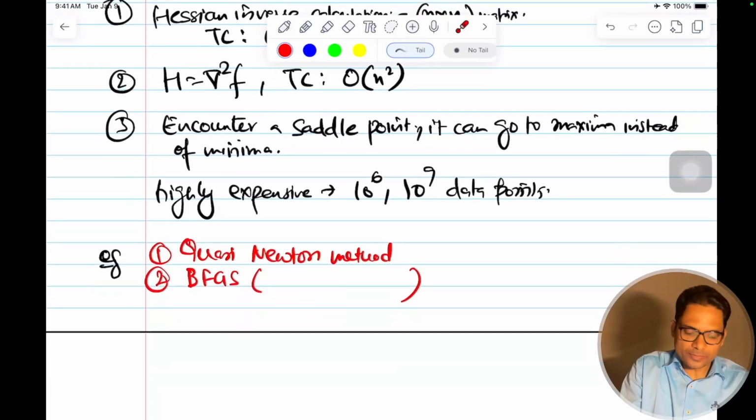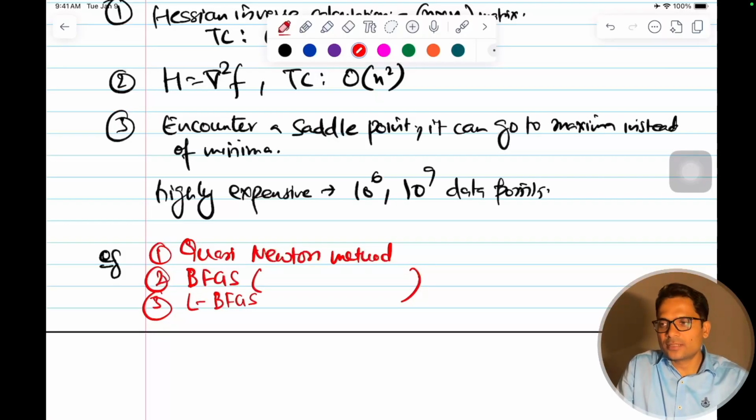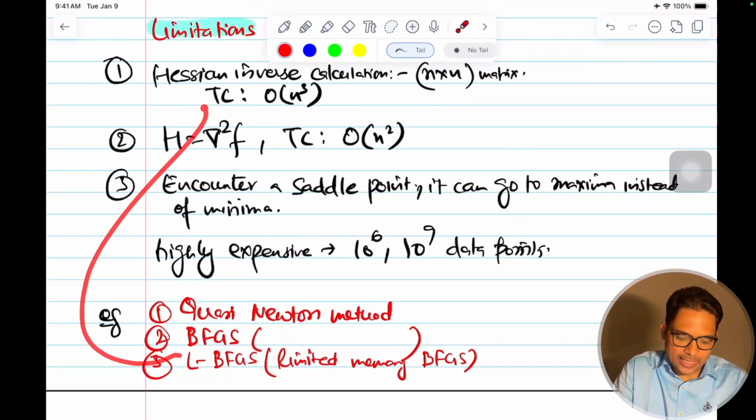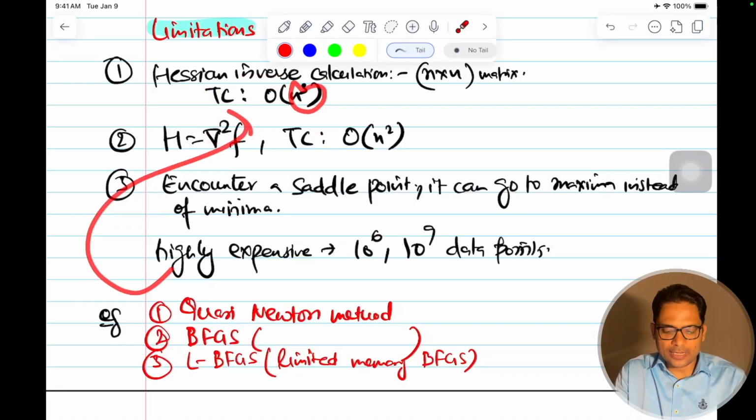Then there is one more enhancement of this, called LBFGS, which stands for limited memory. As you see, the Hessian calculation can take order of n cube, so this can take a lot of memory.